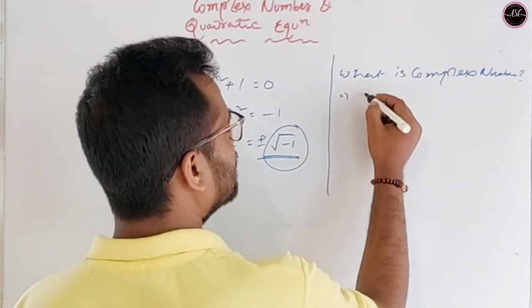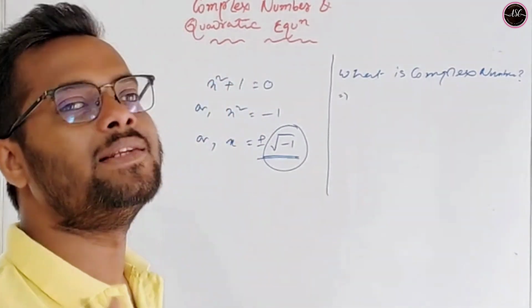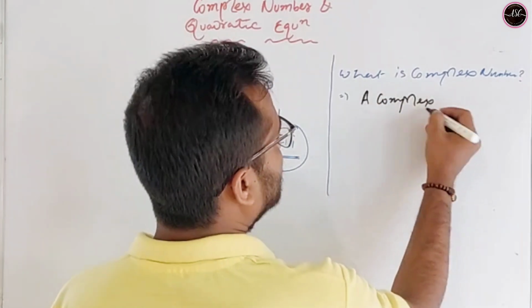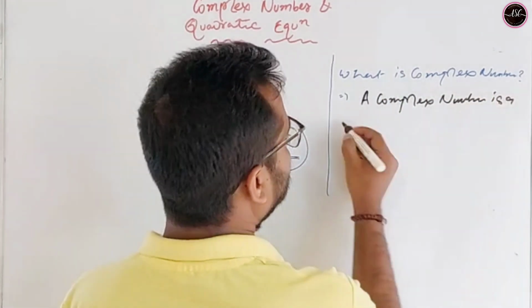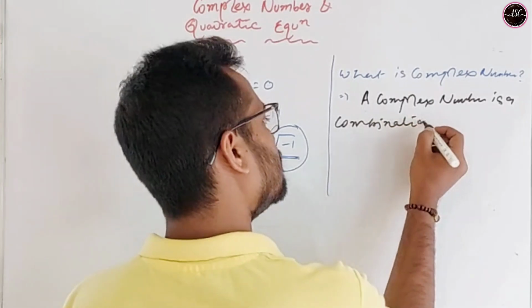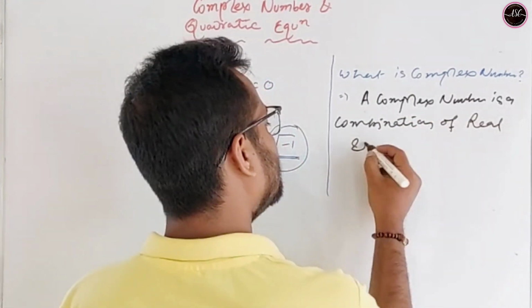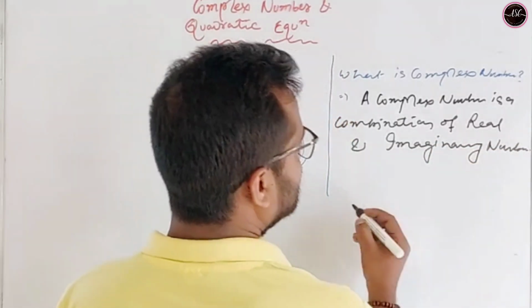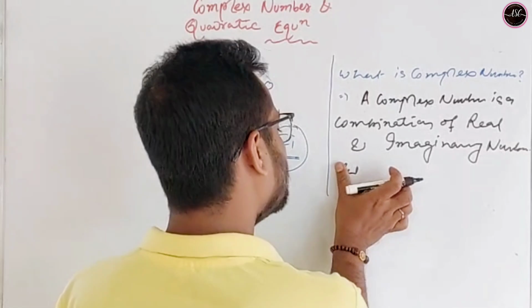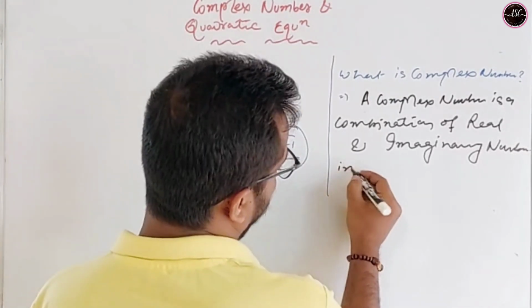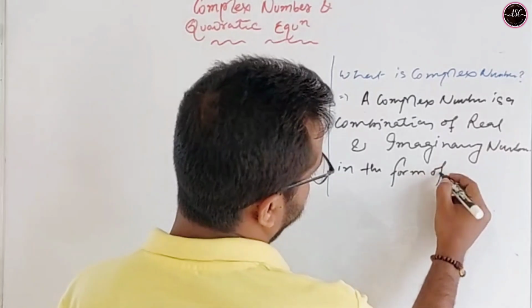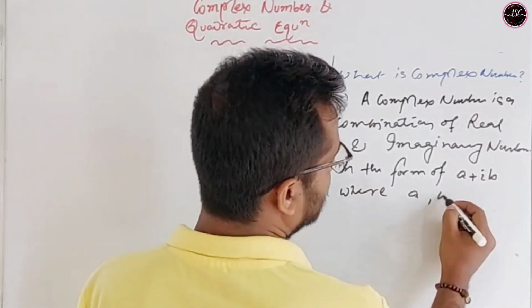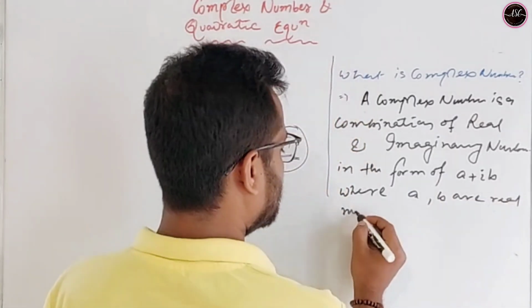A complex number is a combination of real and imaginary number, in the form of a plus ib, where a and b are real numbers.